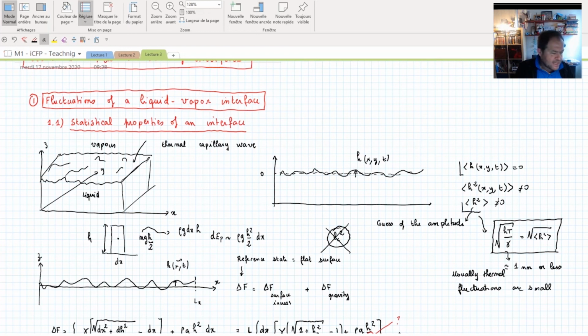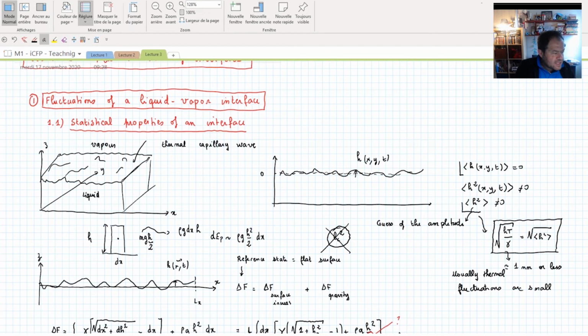liquid-gas interface. But there is something which is also interesting in soft matter. It is the case of biological membranes, because biological membranes not only have a surface tension, but they have an elasticity. They have a kind of bending rigidity.